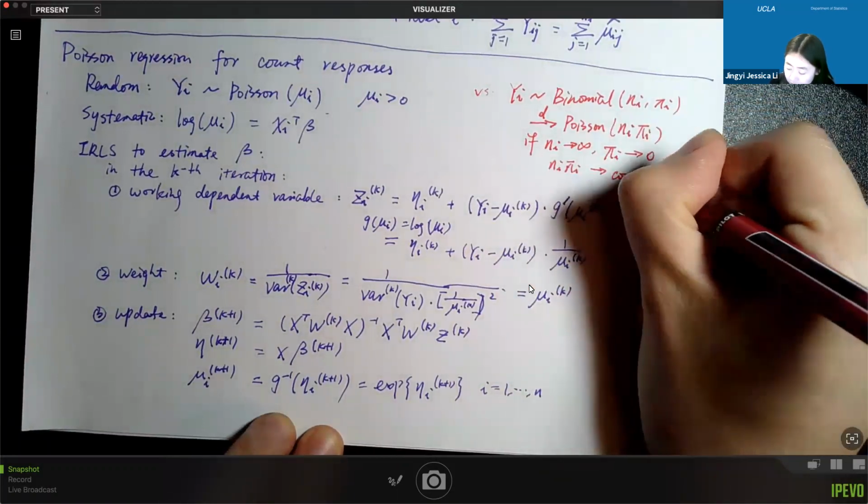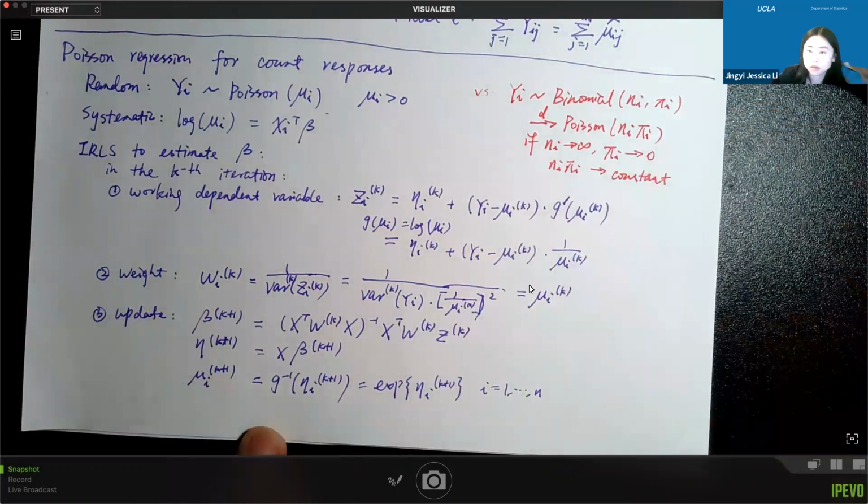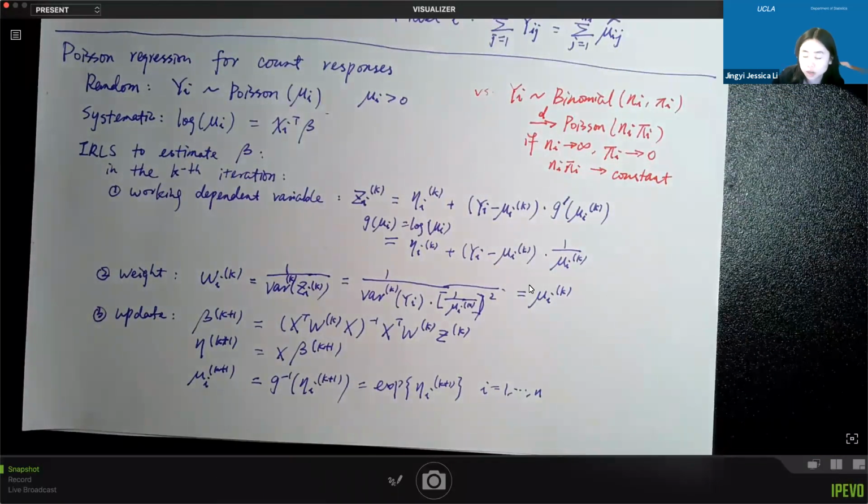Whenever this happens, the Poisson distribution is an asymptotic limit of the binomial distribution.